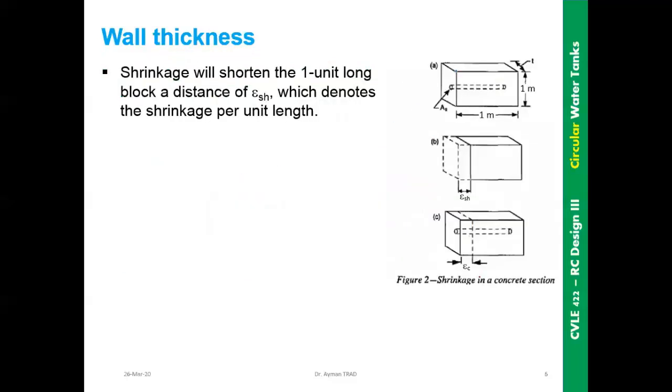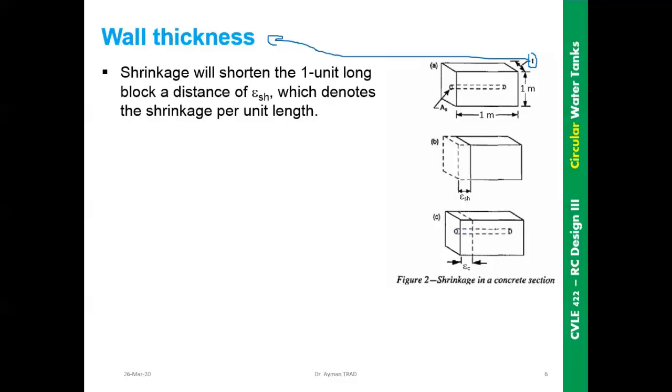We'll take a cube in the wall with a width of 1 meter, a height of 1 meter, and a thickness of T. The objective now is to determine this thickness. We will consider that if this unit cube is not reinforced, the concrete will shrink an amount epsilon shrinkage.